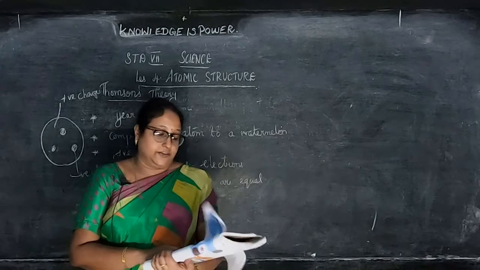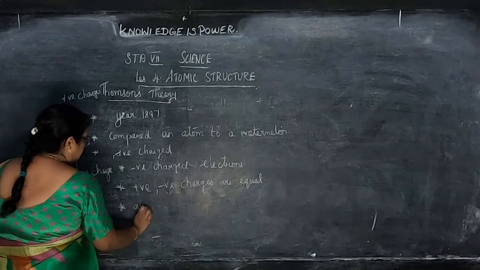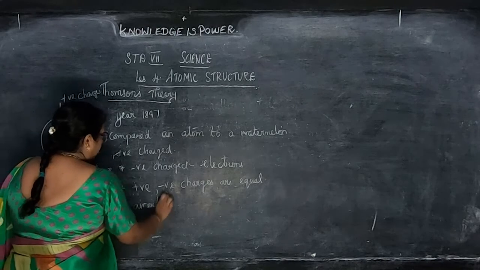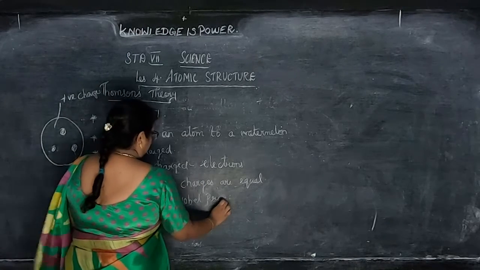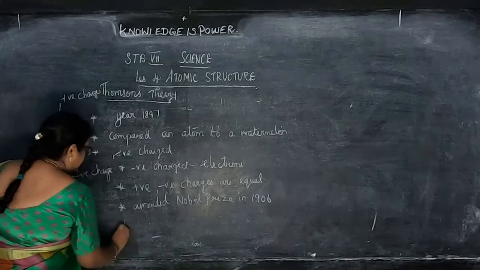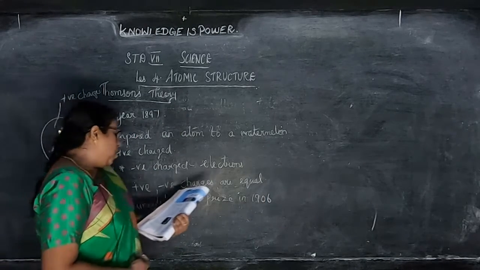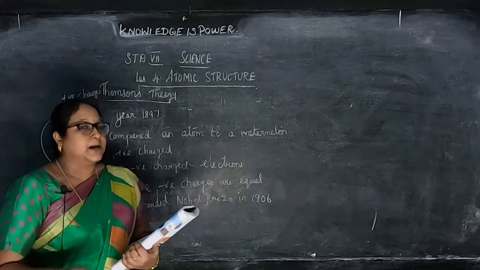For this discovery he was awarded the Nobel Prize in 1906. Then, although this theory explained why an atom is neutral, it is an incomplete theory.